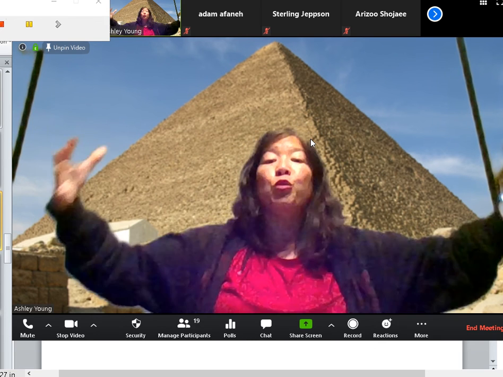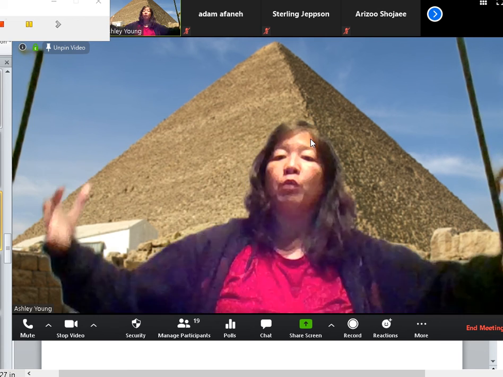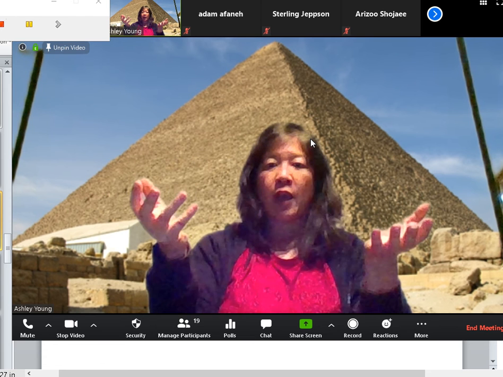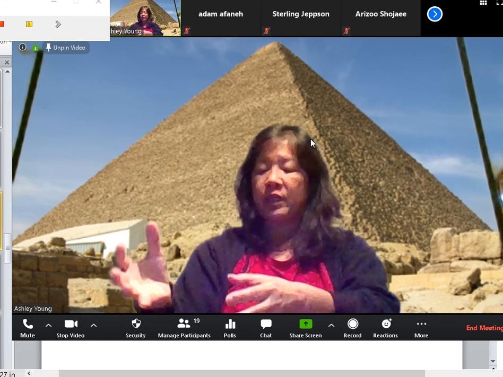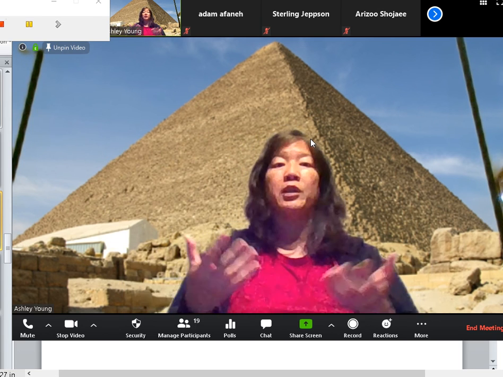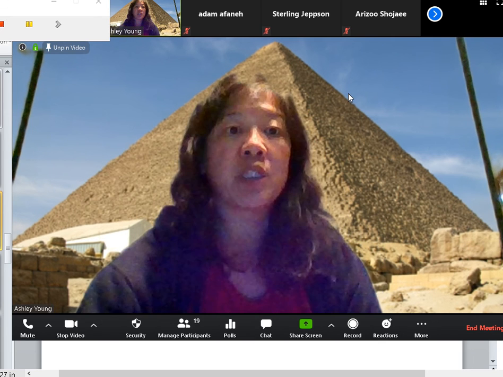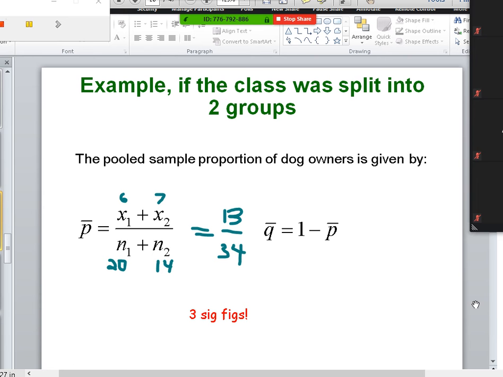If we pull those together into one big group, like a carpool, then we'll have 6 plus 7 people who own dogs, out of 20 plus 14 people. That's the idea of the pooled numbers. When you pull them together, it makes them one big group. And what's the proportion then? That's where this P-bar comes in, the pooled proportion.